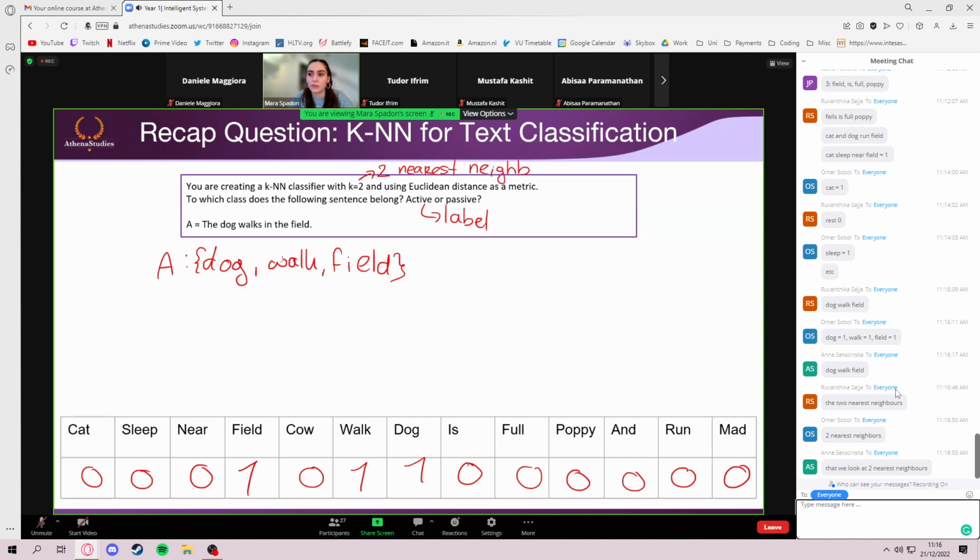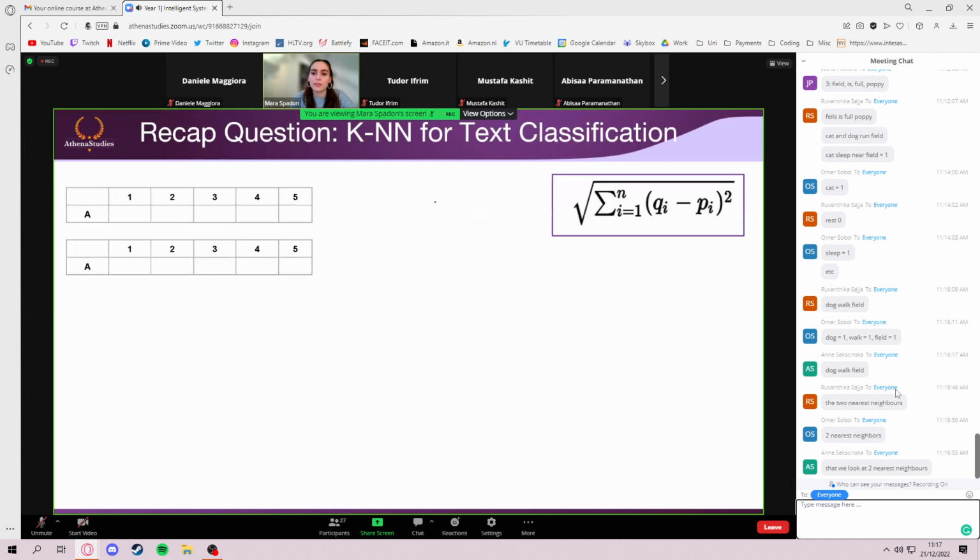Perfect. Exactly. 2 nearest neighbors. And using Euclidean distance. So does anyone remember what the Euclidean distance is? We sum the amount of times where qi was not equal to pi. Remember, because only then do we get a value of 1.